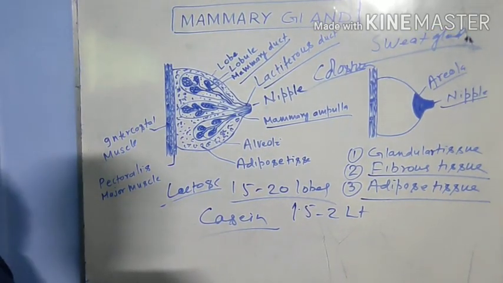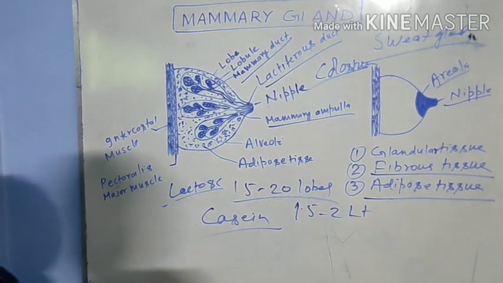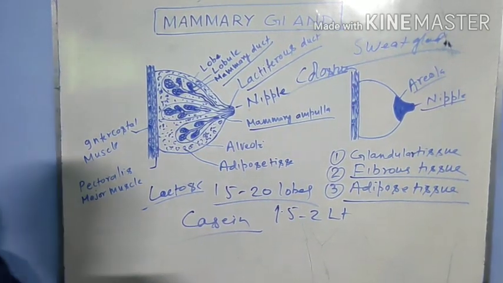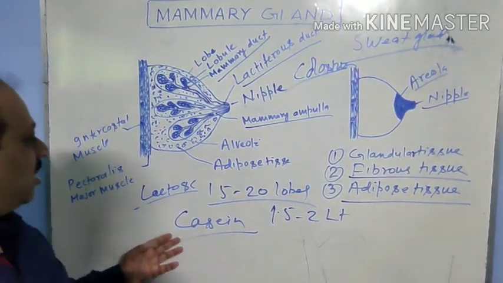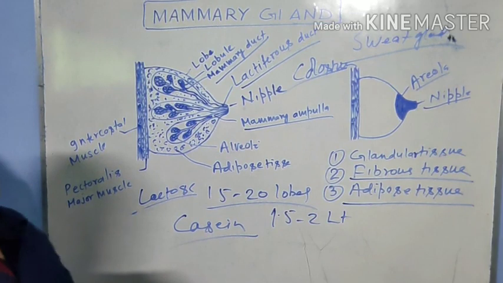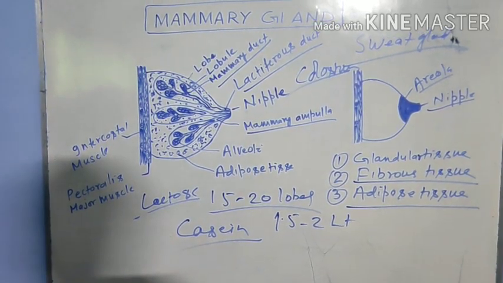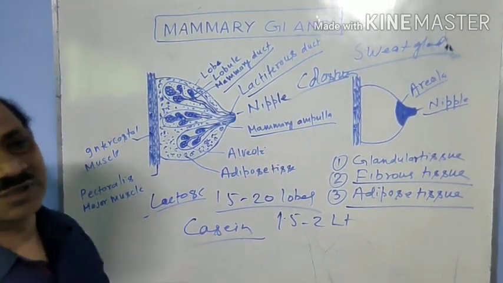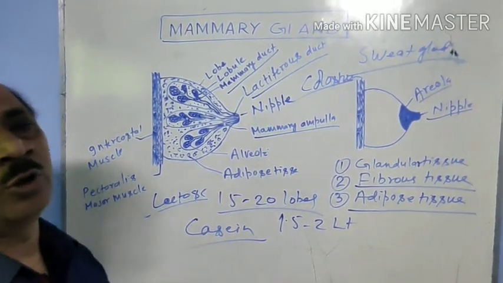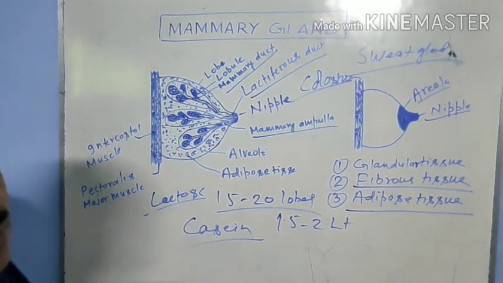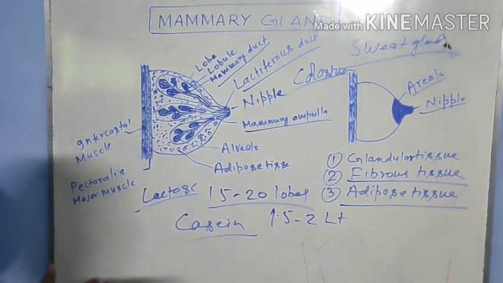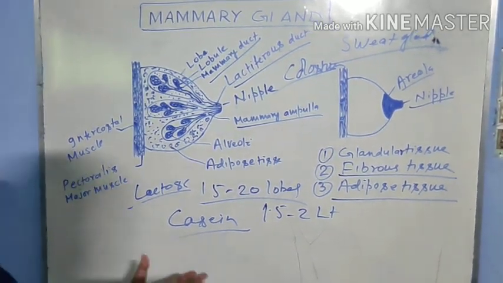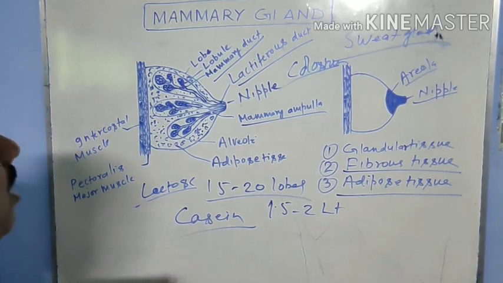It contains minerals like potassium, calcium, sodium, etc. It contains lipid droplets, but it contains less amount of vitamin C and poor amount of iron. Milk feeding is essential for a newly born child.